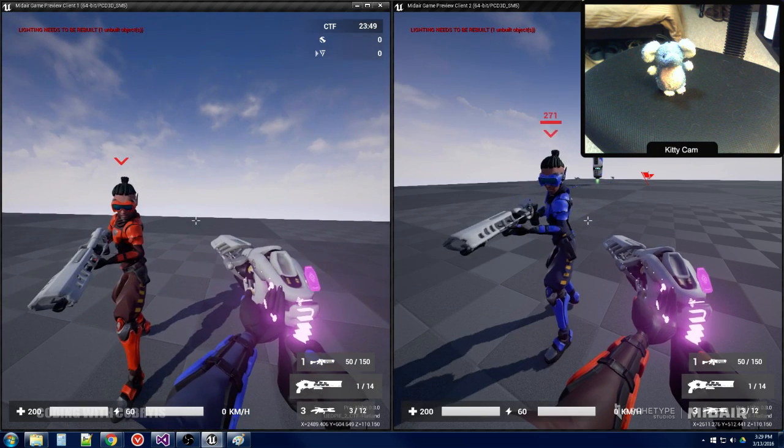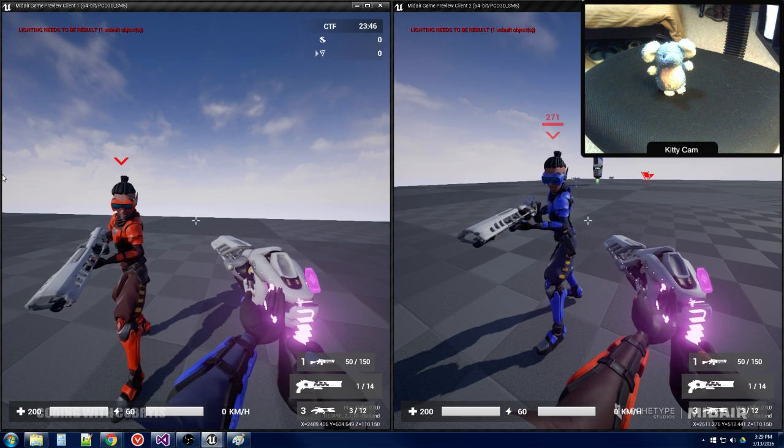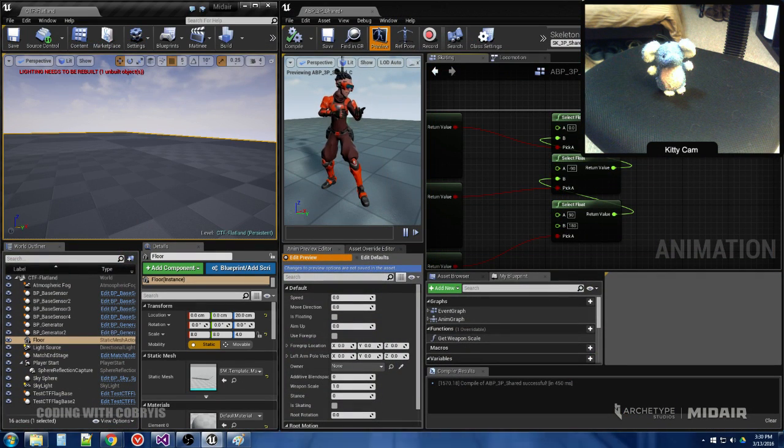Now there's two ways I can do this. I have animation that's specifically for looking left or right. I did, and I don't right now. Let me get it real quick.